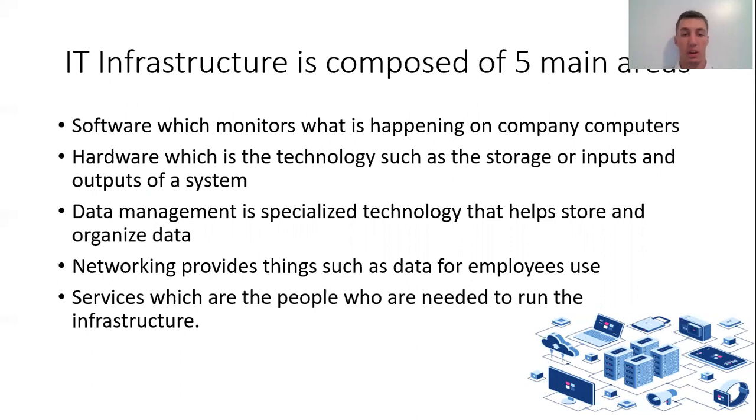Networking provides things such as data, voice or mobile for speaking, and such for the associates and employees to use. Services, which are the people who actually run the infrastructure so that the employees out on the floor can use it without issue.